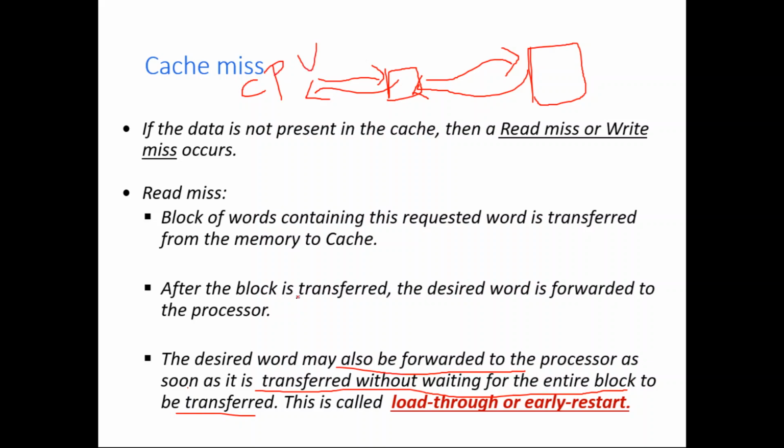The second case is that you may also follow the load through or early restart policy. What does it mean? The CPU asks for some content that is not available in the cache. Now the memory circuitry unit will check for that content. Once that word is available, just send that word to the processor, so that the processor gets the content immediately.